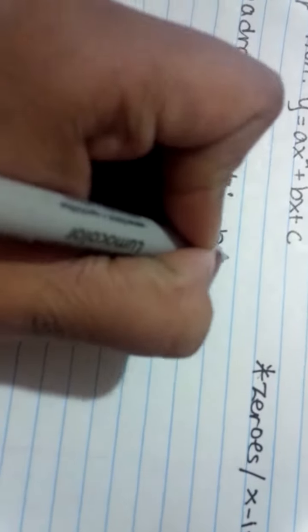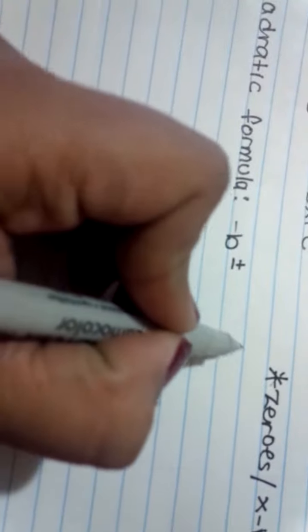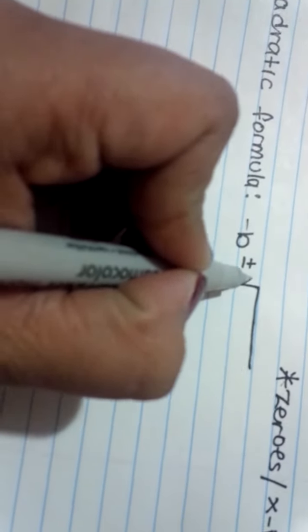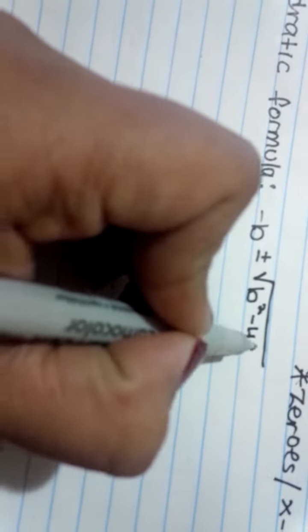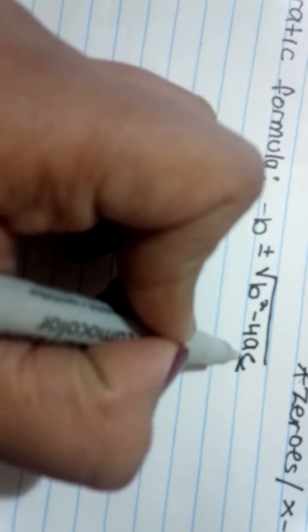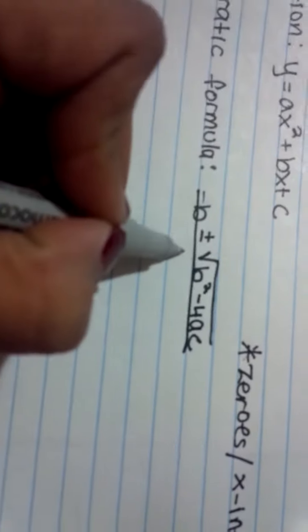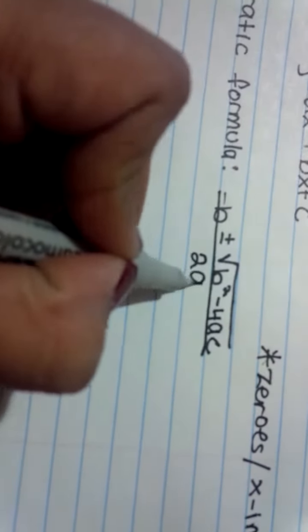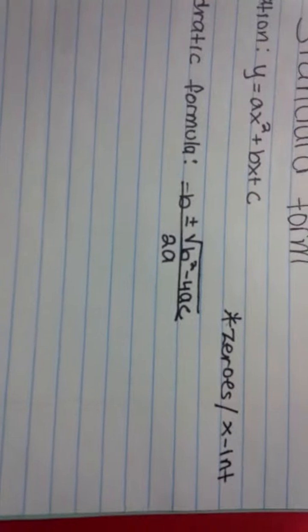So the formula is negative b plus minus square root of b squared minus 4ac divided by 2a. So now you're going to be wondering why this formula is so big and it might be complicated, but it actually isn't.